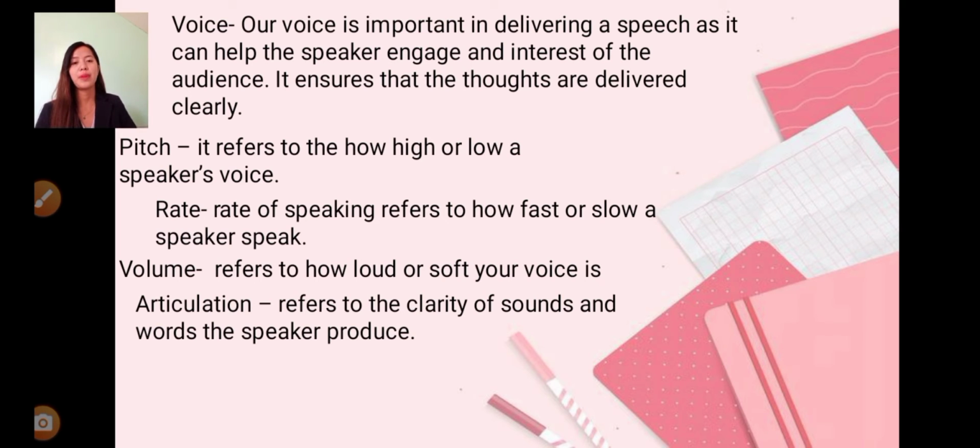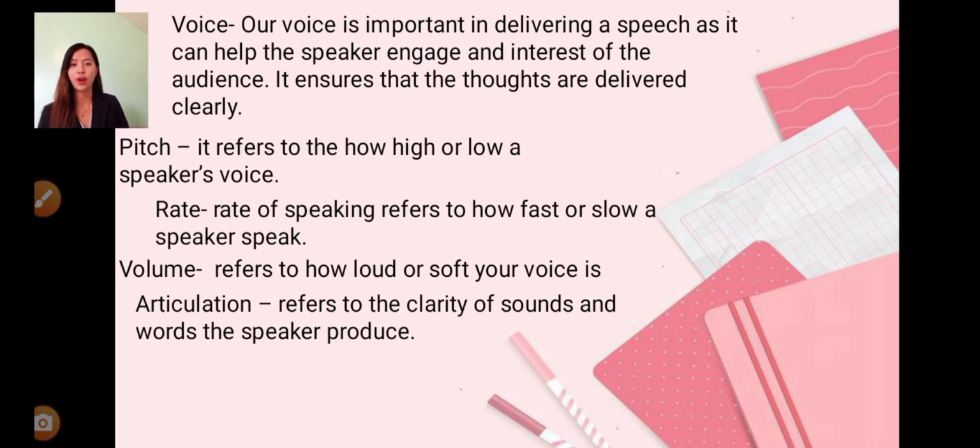A speaker that talks so fast can pronounce over 140 or 150 words in a minute. It is important that we know the rate of the way we speak, because in that way we can know if we are going too fast or too slow when we are delivering a speech.